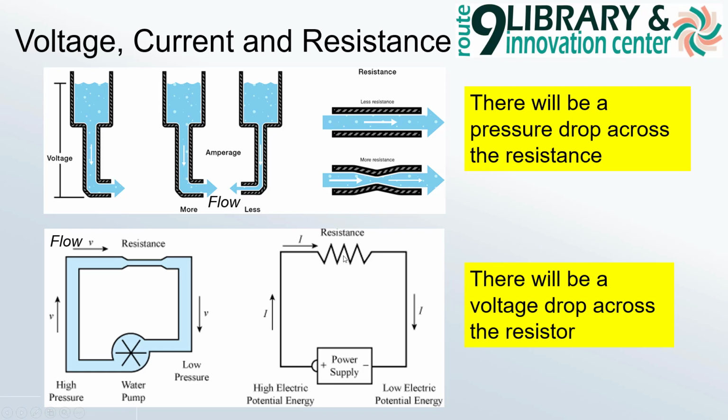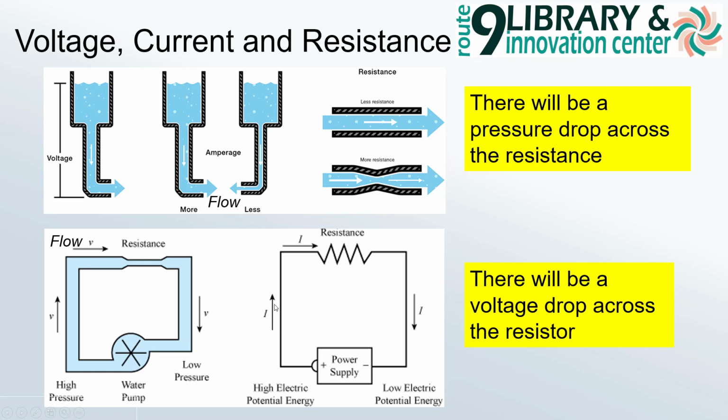You have literally a buildup of density of electrons here. So the higher density of electrons, the higher pressure, compared, again, to here, means there will be a voltage drop across that.